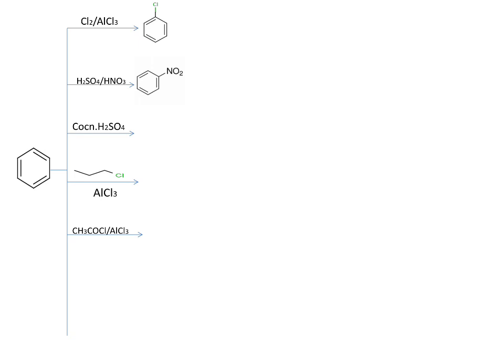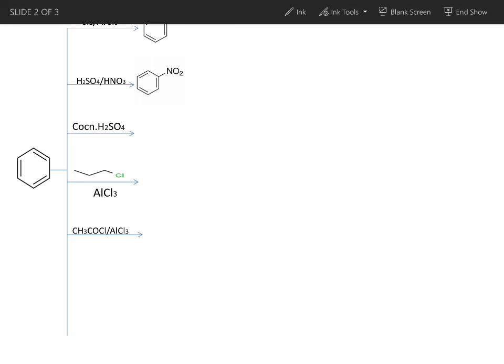In the third reaction, benzene is only reacting with concentrated sulfuric acid. Here 2 moles of concentrated sulfuric acid react with each other. One of this concentrated sulfuric acid acts as acid and another acts as base.